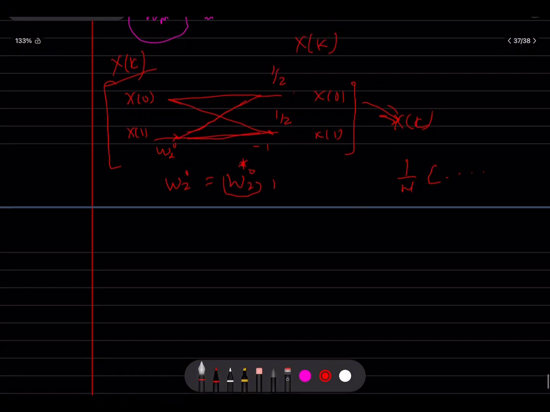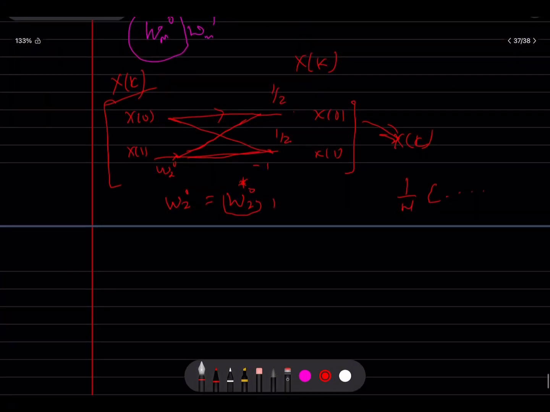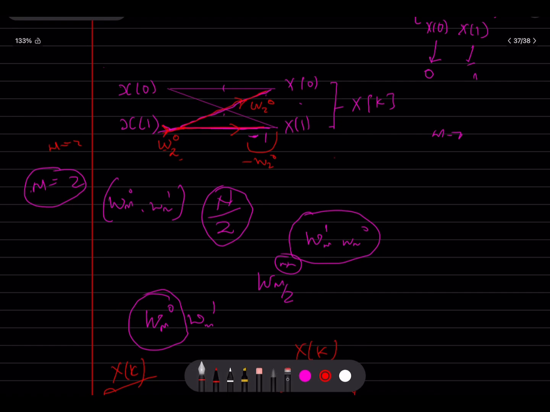So in that case, let's try and simplify it. For the normal one, if I want to compute x of 0, it will be equal to this one running here with a magnitude of 1, which is x of 0. And this one is also going up here with a twiddle factor coming up here, which is omega 2 of 0, and then the number itself is x of 1.